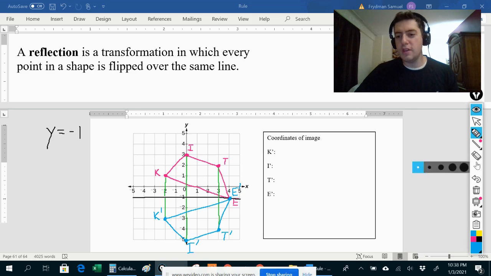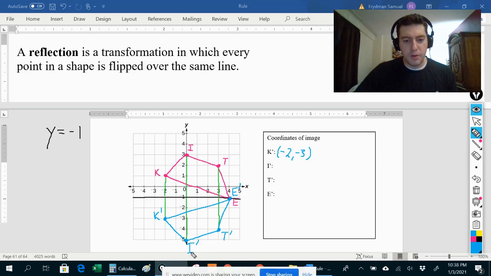Okay, now, well, let me just write the coordinates over here. The coordinate of the image, K prime, is -2, -3. So let's just write them all down. I prime was at 0, -5.